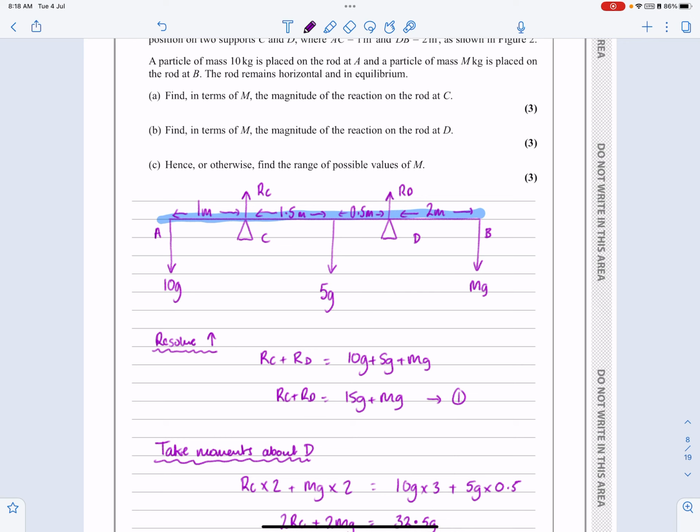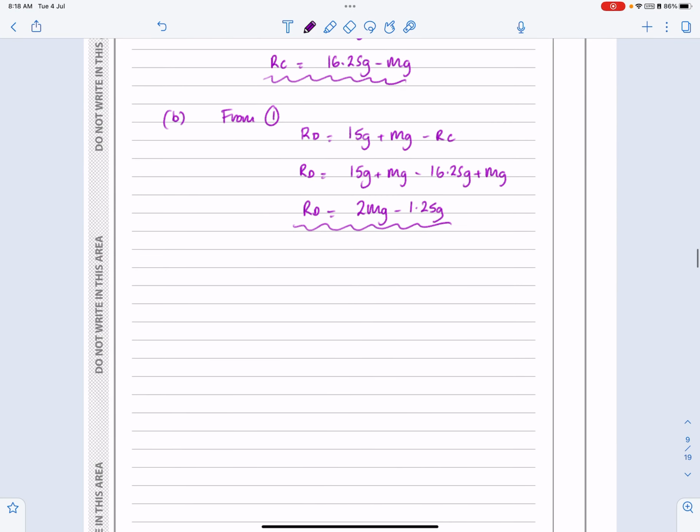So at those two possibilities, and you should have seen those from previous questions, we can either have RC working out to be equal to naught, or we can have RD working out to be equal to naught. And at those two situations, they're going to be the extremes. They're going to be the possibilities. So having explained that to you, now let's explain that to the examiner.